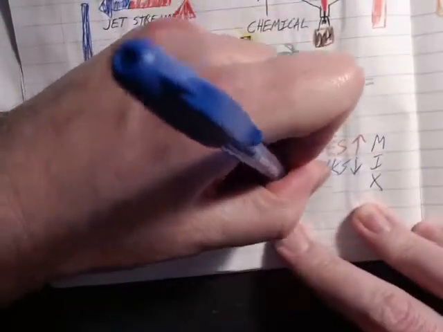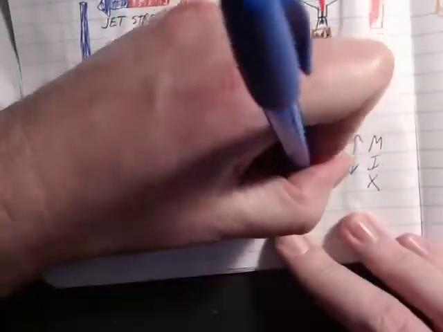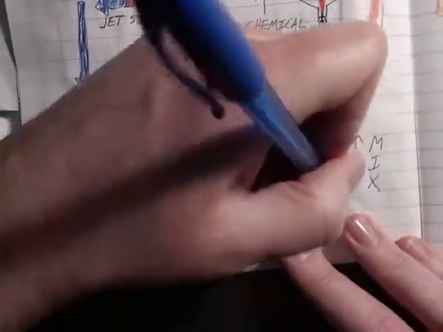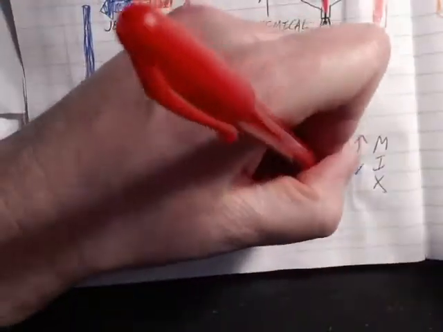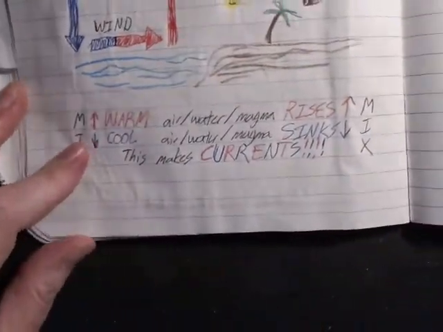You don't have currents unless you have heat. You don't have currents unless you have different temperatures. If everything is the same temperature, it doesn't move. This makes currents. So there we are.